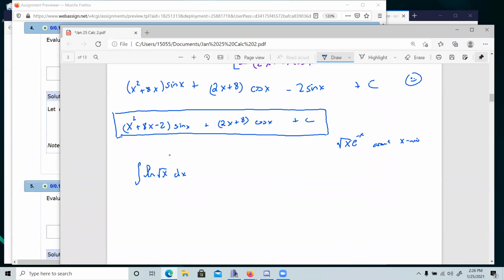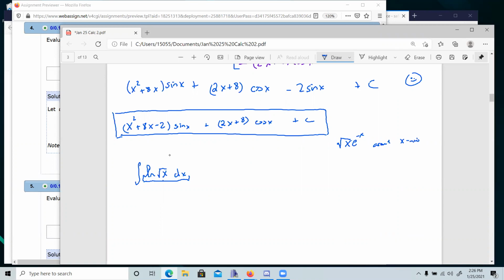All right. So this problem, as a math teacher, I really like a problem like this because it forces you to go back and remember your logarithm rules.